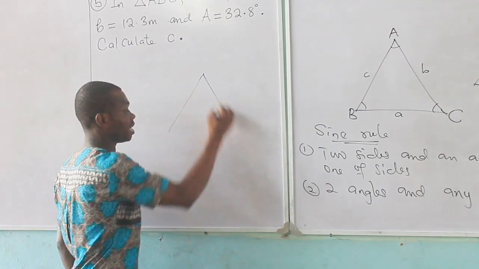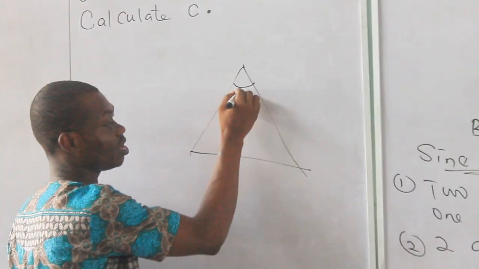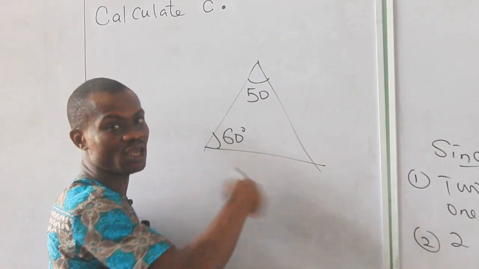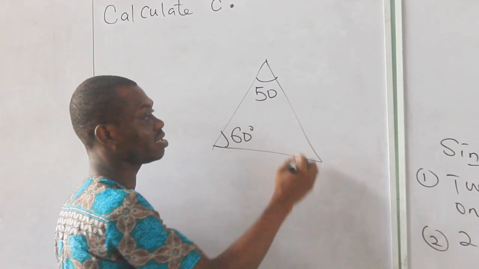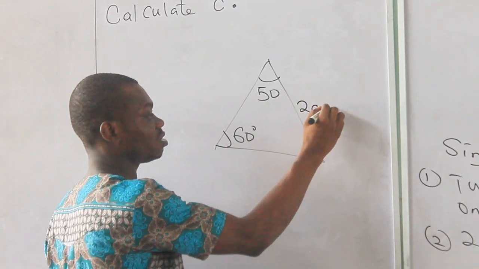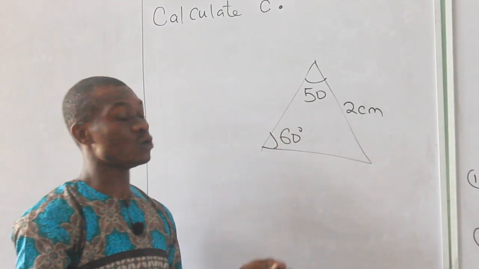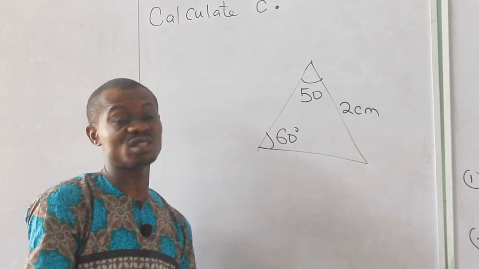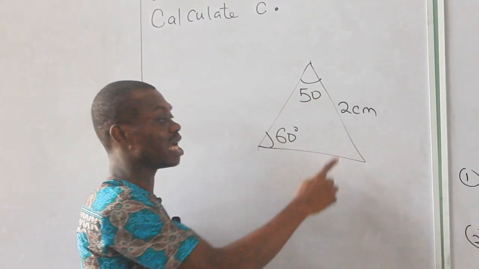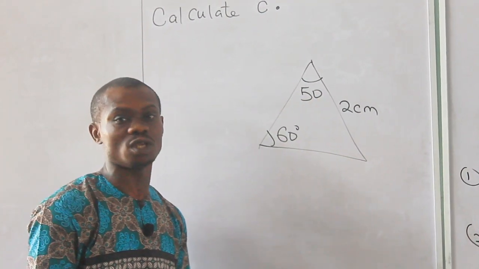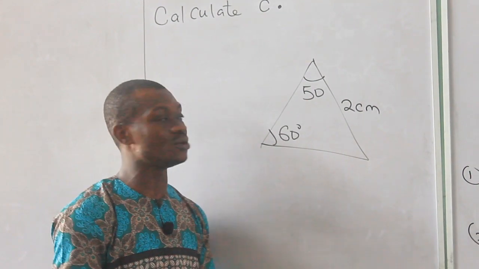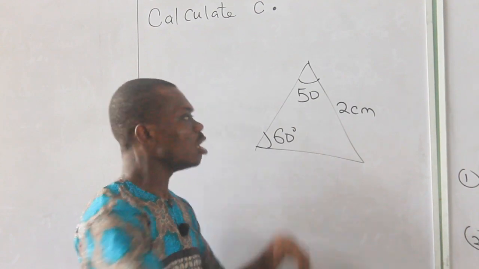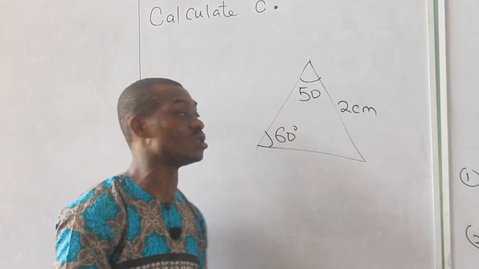If I have something like this, let's assume they gave me here as 50, here as 60, and then any of the sides is given. Let's take it that we are given here as 2 cm. With this, we should also be able to apply our sine rule. The reason is that if two angles are given, then the third one is also given, because we can easily use the sum of angles in a triangle to get the remaining one. So any of the sides can actually work there.